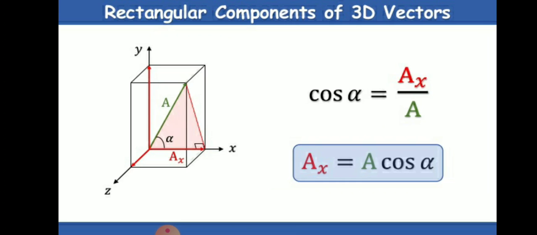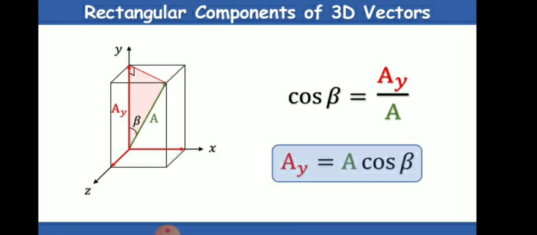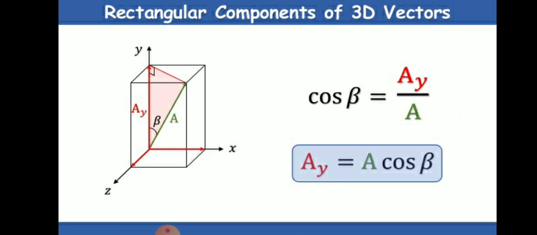In two dimensions we already studied the rectangular components. Now in three dimensions you can observe cos alpha is equal to Ax divided by A. So it is adjacent side by hypotenuse, that is Ax by A. Therefore Ax is equal to A cos alpha. For the three-dimensional rectangular components we are using cos alpha, cos beta and cos gamma.